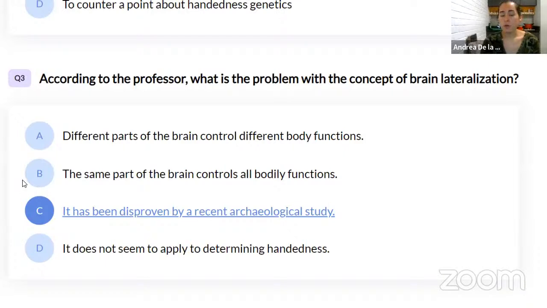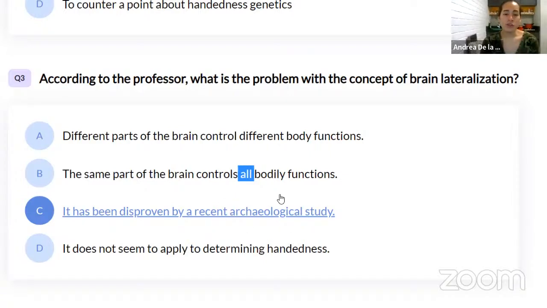As far as B goes, the same part of the brain controls all bodily functions seems too extreme for me. All bodily functions? I don't know about that. I think that they actually distinguish what the right and the left side of the brain controls, and they were different functions. Now, as for C, I'm not sure either because it says it has been disproven by a recent archaeological study, right?